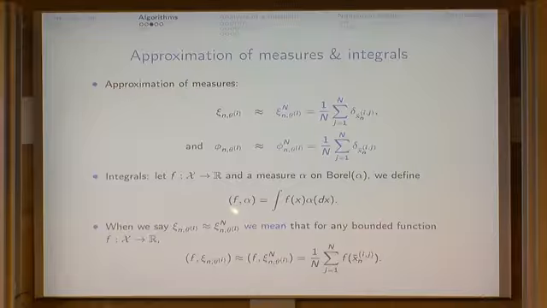So I'm using this shorthand for integrals: this is the integral of the function f with respect to a measure alpha. When I say that my conditional particle filter is converging, I mean that this integral, for instance, with respect to the predictive measure, can be approximated in this way: the integral of the function with respect to the discrete random measure, which gives me simply this average.